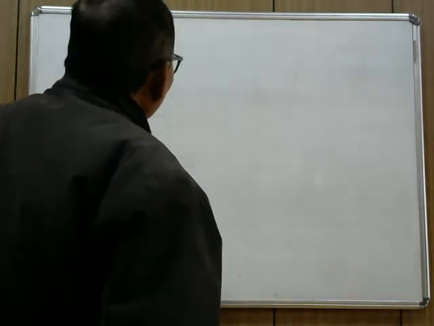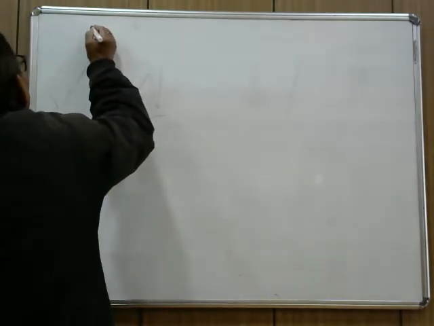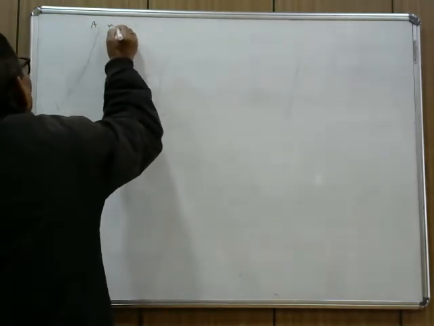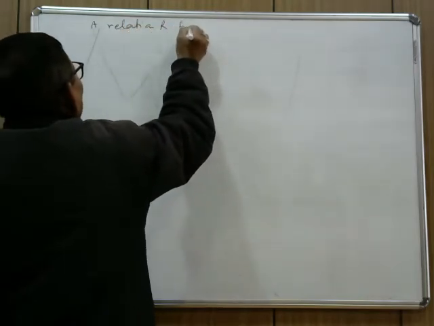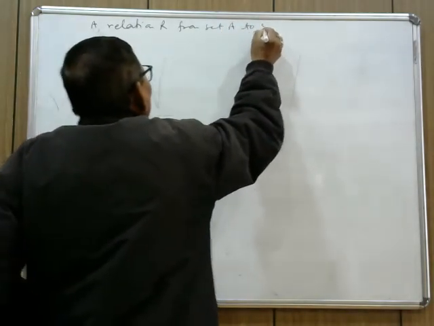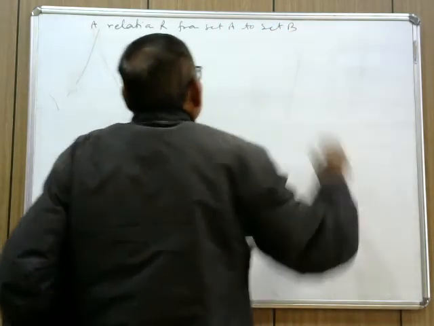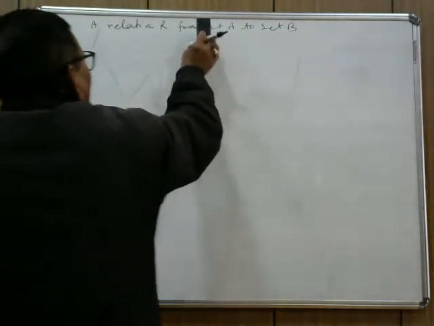So now you see a relation R. Now I am defining relation. A relation R from set A to set B, both the sets A and B are non-empty. So use the word non-empty set.